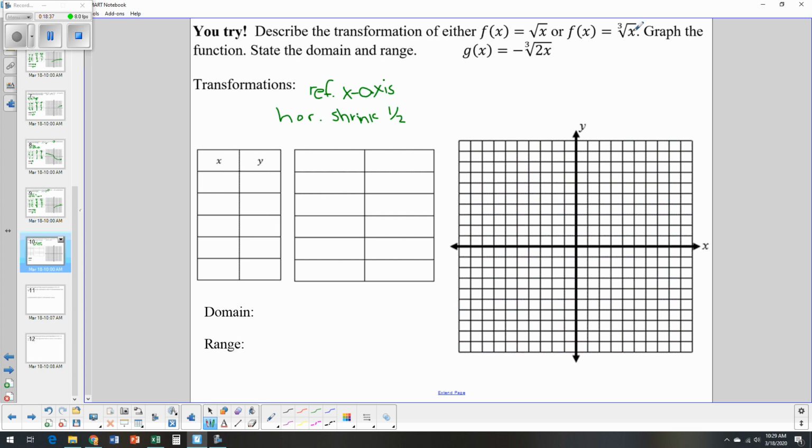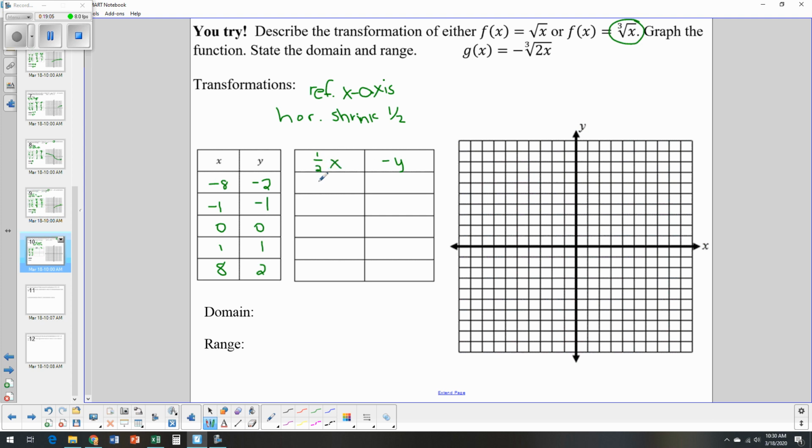We know the parent function is our cube root. So that's -8, -1, 0, 1, 8, -2, -1, 0, 1, 2. So the negative is to the y because it's on the outside. The 1/2 is to the x because it's on the inside.